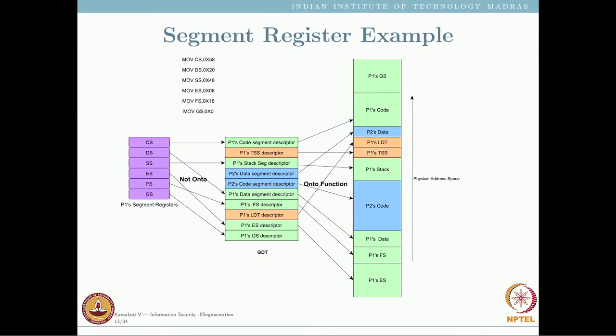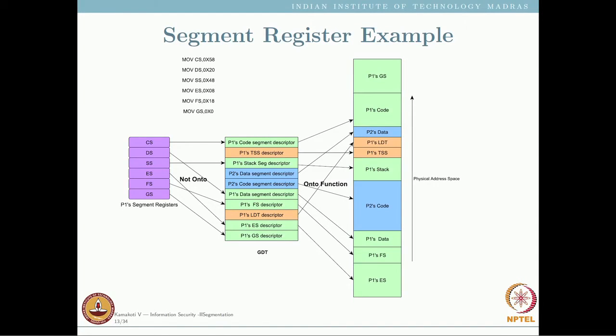Similarly, you can see that SS is taking 64 plus 8, 72, which is the 9th descriptor.